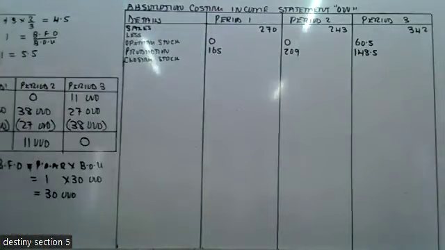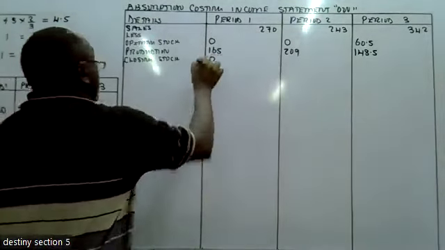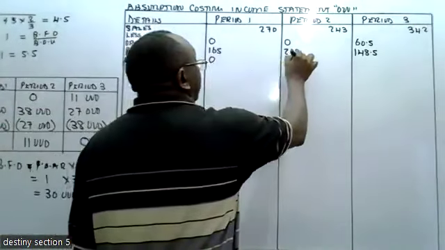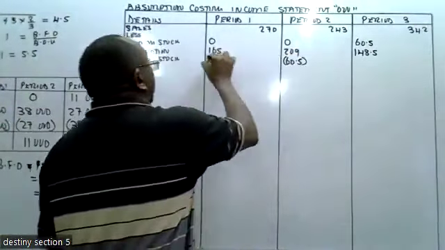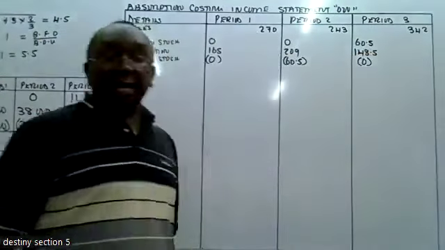Our closing stock is 0 times 5.5, and 11 times 5.5 is 60.5, which is supposed to be subtracted. And this is 0, which is supposed to be subtracted.